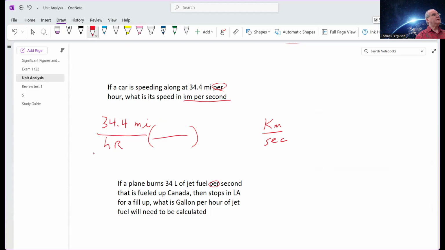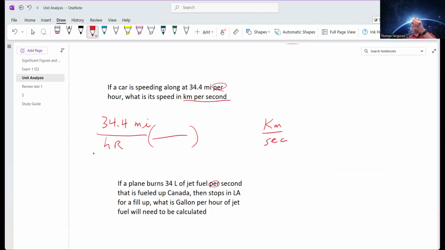We can't do hours to kilometers because hours is a unit of time and kilometers is a unit of length. Time to time, length to length. So you're on the spot. Which one do you want to do? Okay, let's do miles to kilometers.